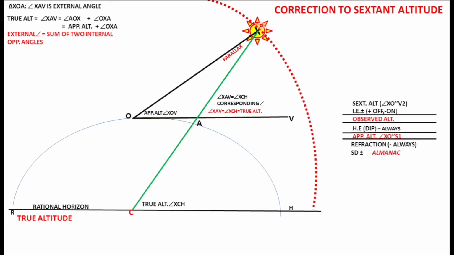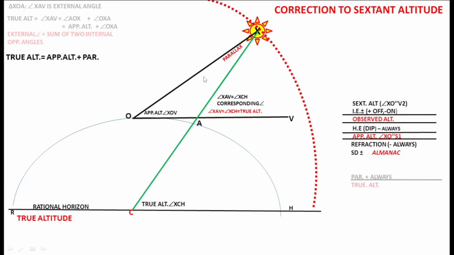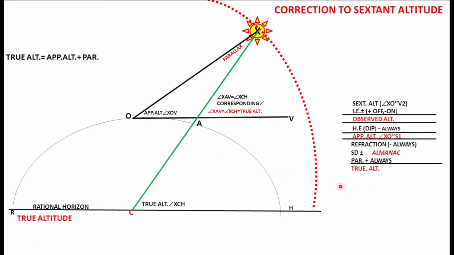Parallax is the angle made at the center of the body between the observer at the surface of the earth and the observer at the center of the earth. So the true altitude is apparent altitude plus parallax. As you can see, this true altitude is your external angle, so parallax will always be added. So this is how you get your true altitude, with these corrections to the observed altitude of the celestial body.